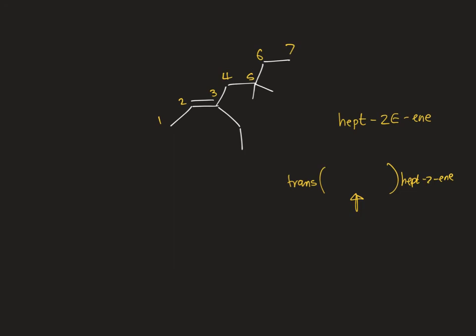We put it alphabetically. Then it's 3-ethyl, dash between the number and the word, and it's 5,5-dimethyl. So it would be 3-ethyl-5,5-dimethylhept-2-ene if done correctly.